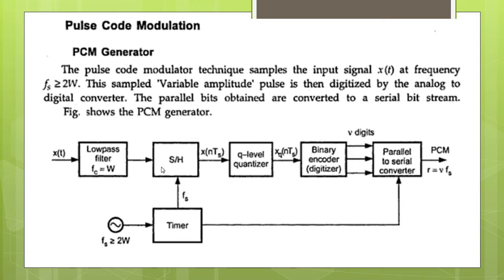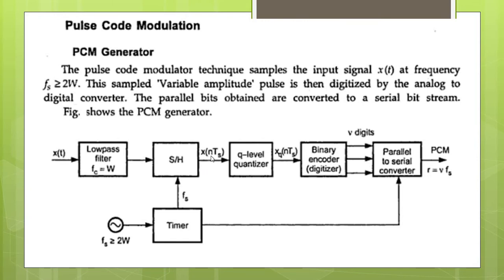sample and hold circuit. What does this sample and hold circuit do? It will convert the continuous signal into samples. It will generate samples from the analog continuous signal at equal intervals of time. At the output of the sample and hold circuit, we have a signal X of nTs.